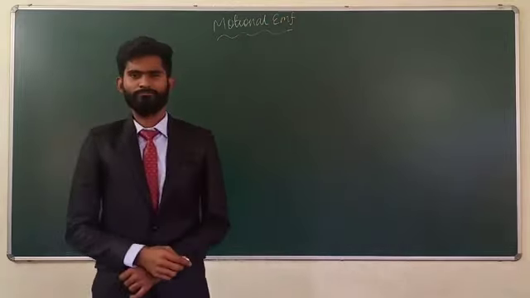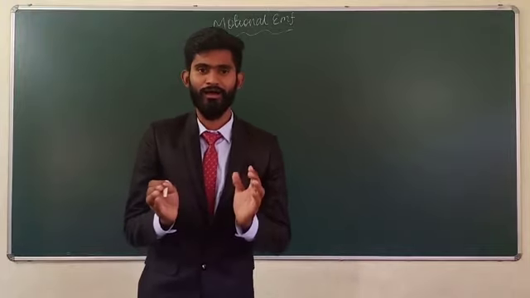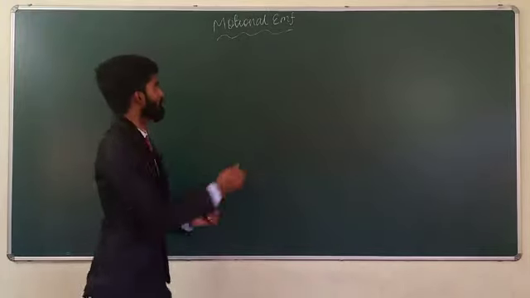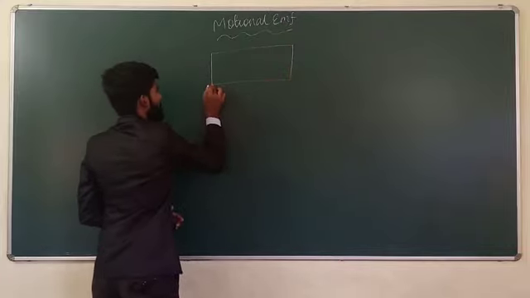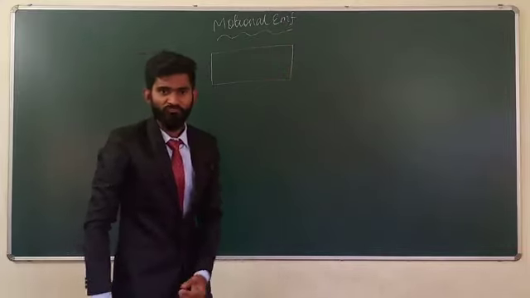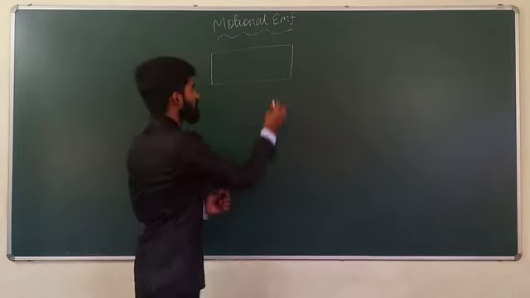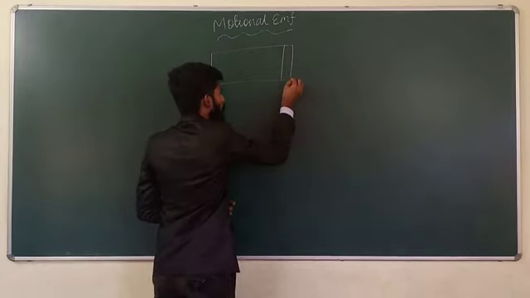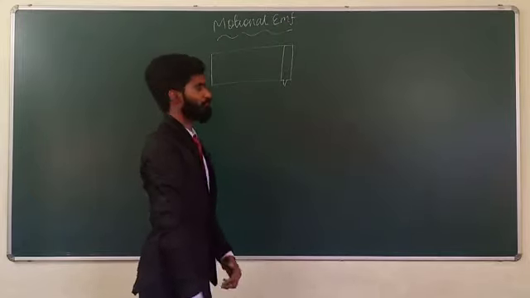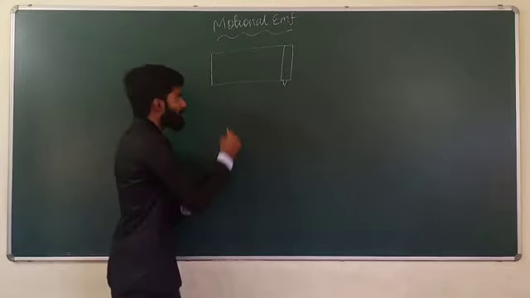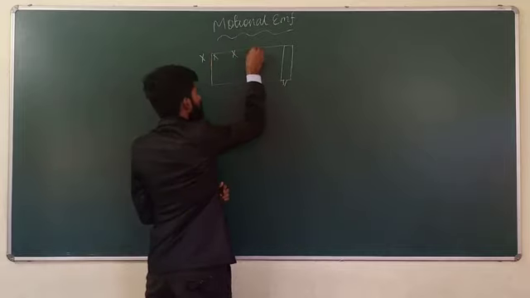In this topic, I am going to imagine a rectangular shaped conductor. The speciality of this conductor is having a movable piston at the end, and this conductor is being placed in a magnetic field.